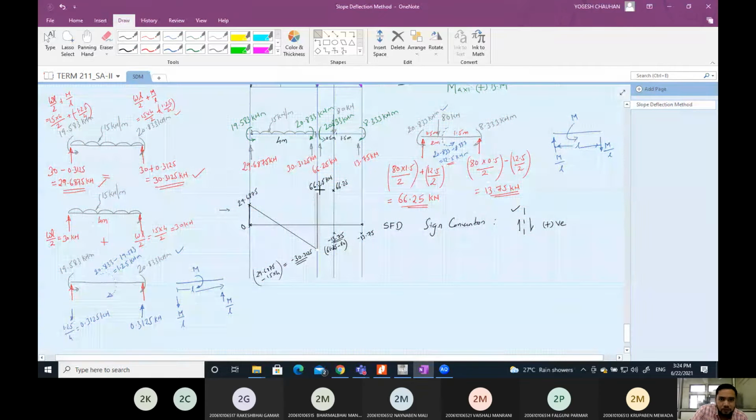Then from here to here the bending moment diagram will be constant. Okay, and from there again it goes down. Okay, and then horizontal, and then so this is your bending moment diagram.